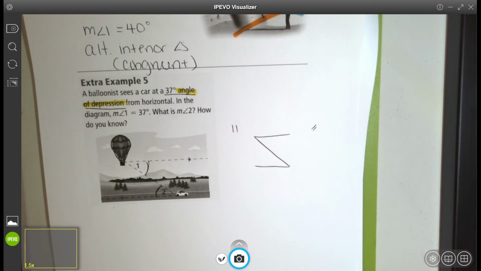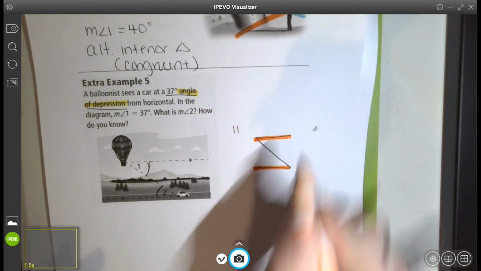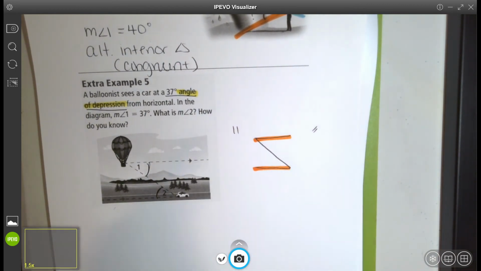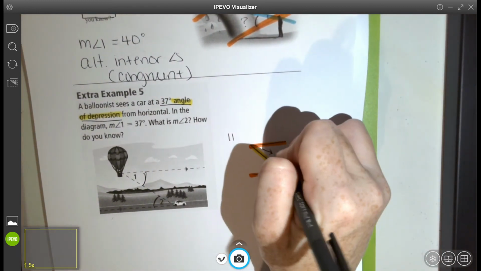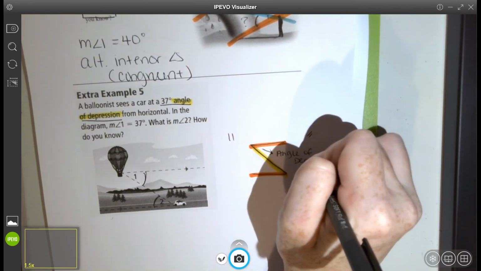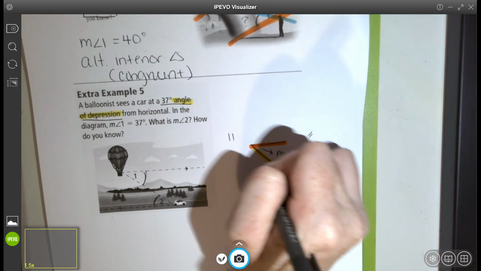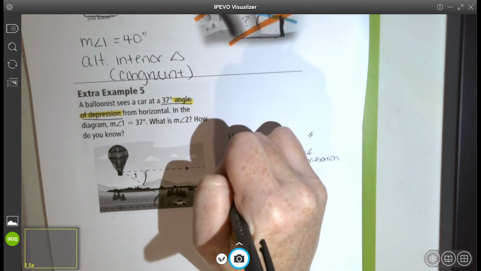We actually hide this picture in many of our diagrams throughout our course. So that Z really holds our parallel lines here and our transversal in the middle. When we are looking down at something, we call this our angle of depression. And when we are looking up, we call this angle of elevation.